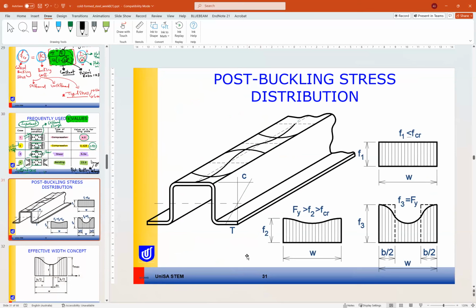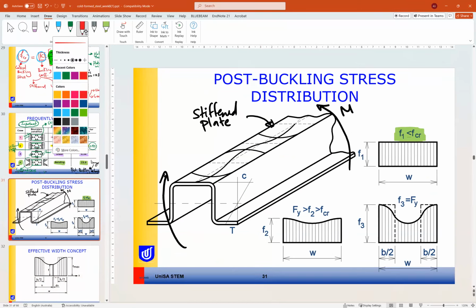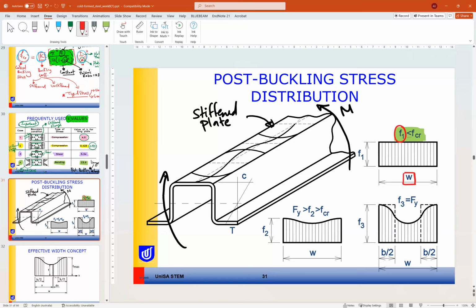Now for the post-buckling stress distribution, this is a reminder of the theory from last week. If you have this stiffened plate under moment, and the stress F1 is less than the critical, the stress is uniform on the plate, so you can use the total width of the member.